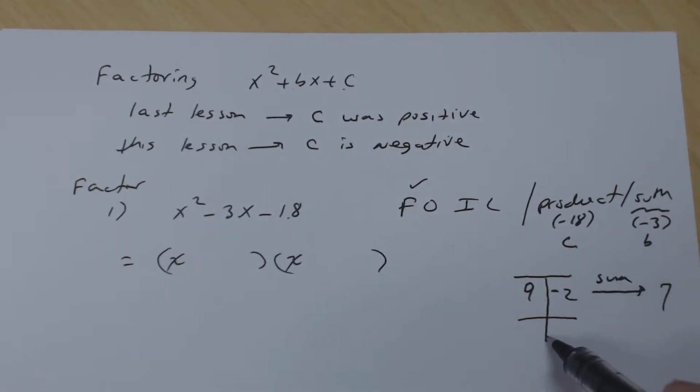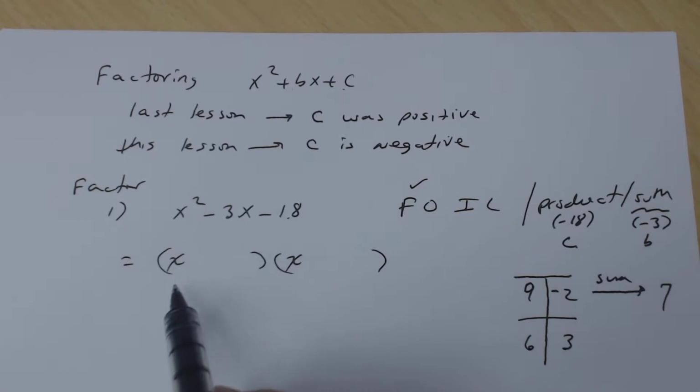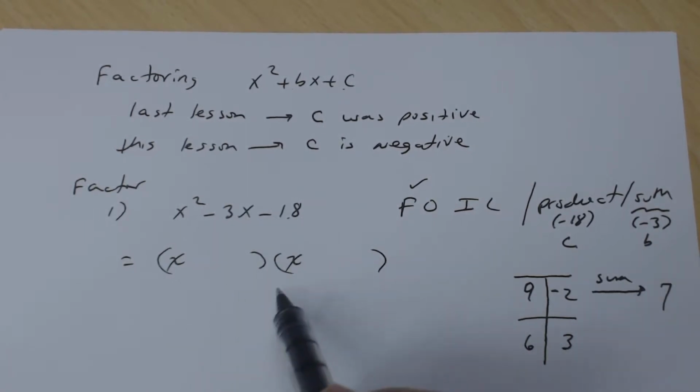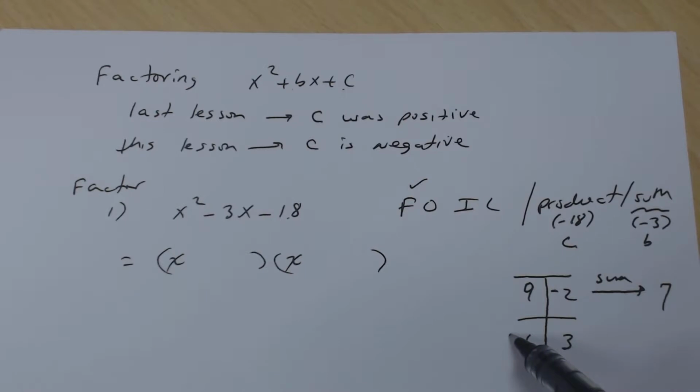So let's try 6 and 3. So 6 times 3 is 18. I want a negative 18. I also want the sum to be negative. I want the outer and the inner to add up to be negative. In order for that to happen, the larger absolute value must be negative. So that means that the 6 must be a negative 6.